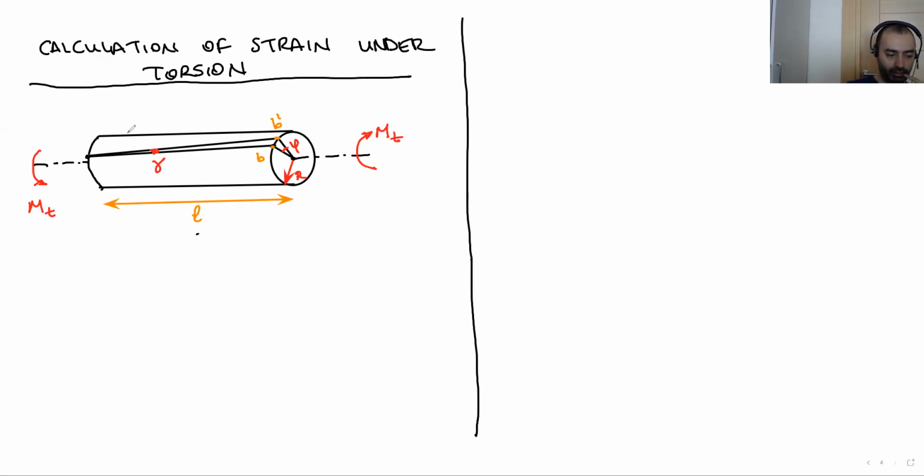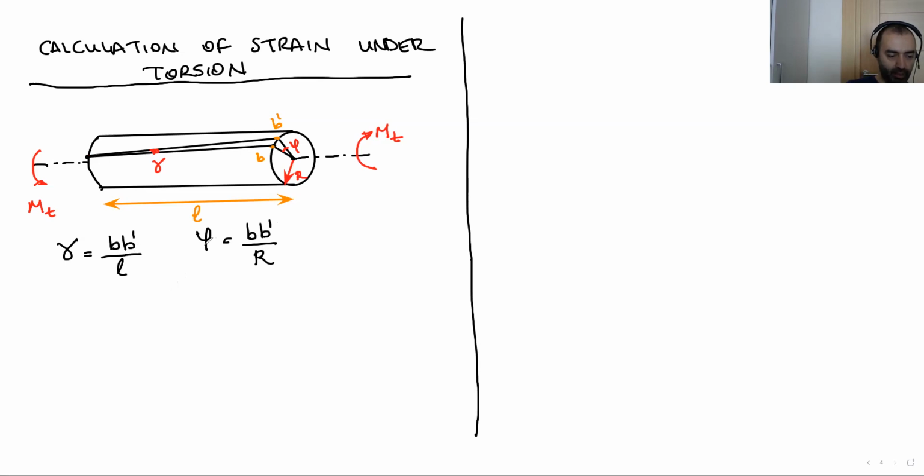So if you write this equation, gamma is BB prime over L, and phi is BB prime over R. What is the relation between these two angles?